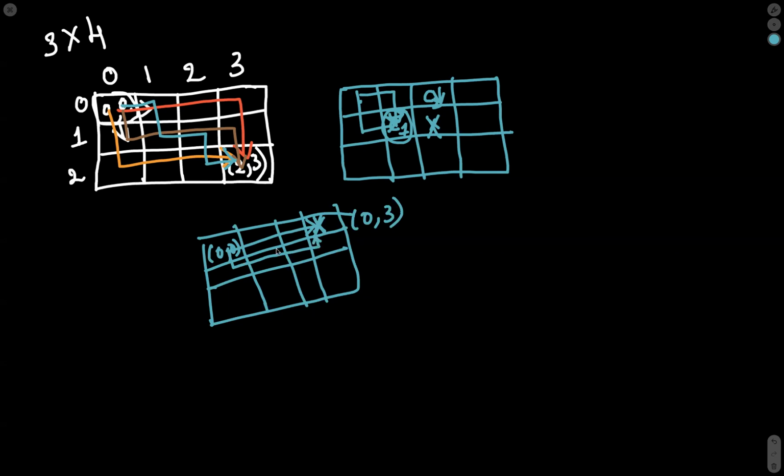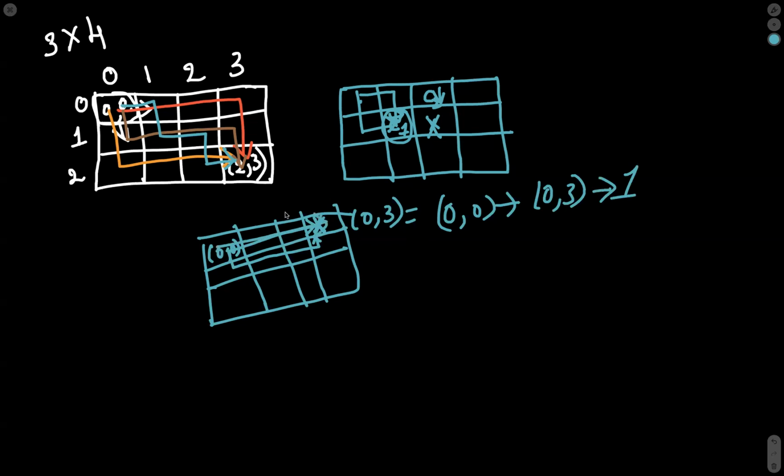The allowable directions are to traverse right or come down. So from 0, 0 to 0 comma 3, there is only one path, that is just traversing in the right direction.